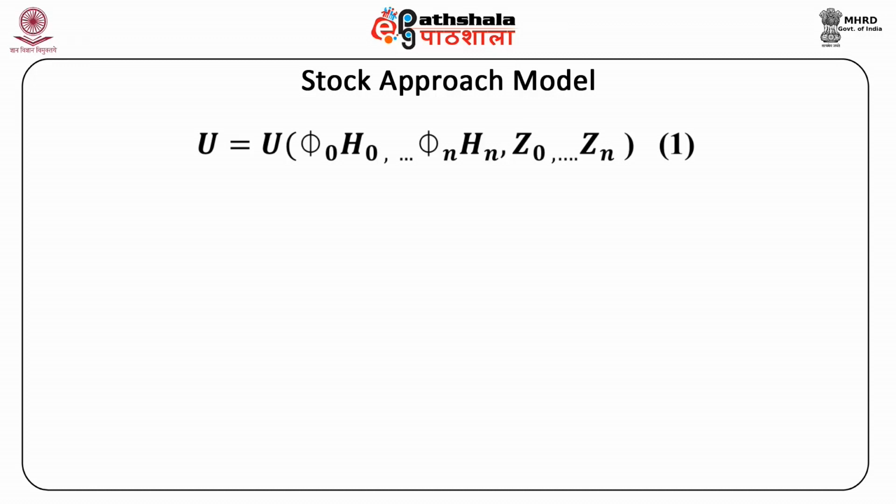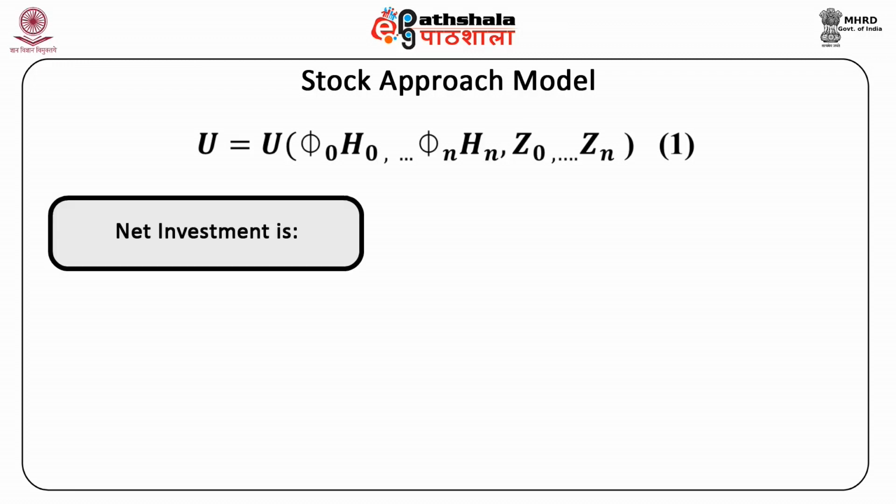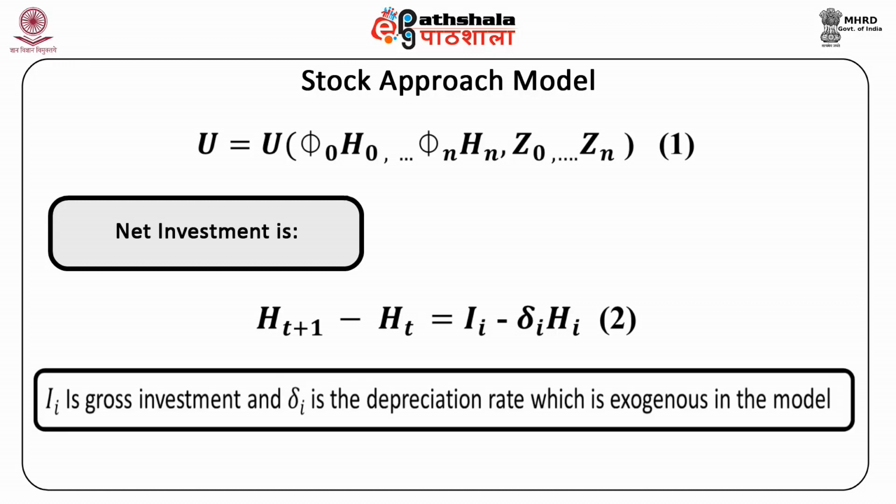So the question is to maximize utility subject to resource and production constraints. Also, net investment is Ht+1 − Ht = Ii − δiHi, Equation 2. Ii is gross investment and δi is the depreciation rate, which is exogenous in the model.